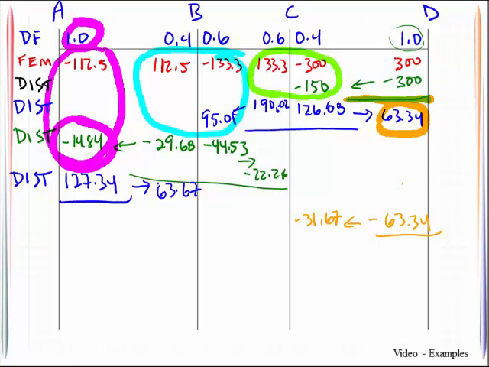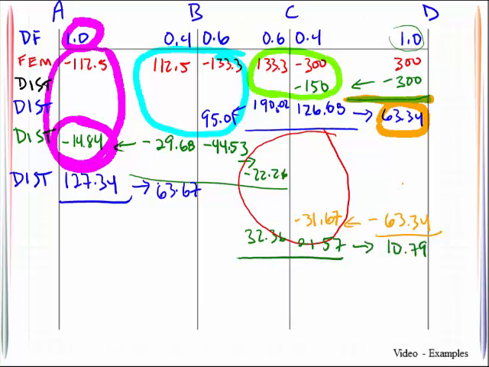Then as I go to balance the next joint, joint C, I will consider everything that is below the line that I drew last time I balanced joint C. So that would be these numbers. And I would then distribute those accordingly. So that one would work out to be 32.36 and 21.57. I would draw the line, do a carryover, 10.79, do a carryover here of 16.18.